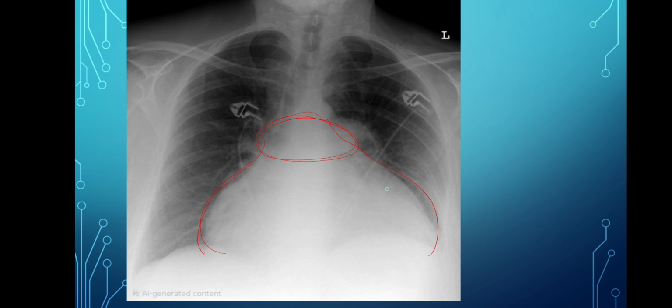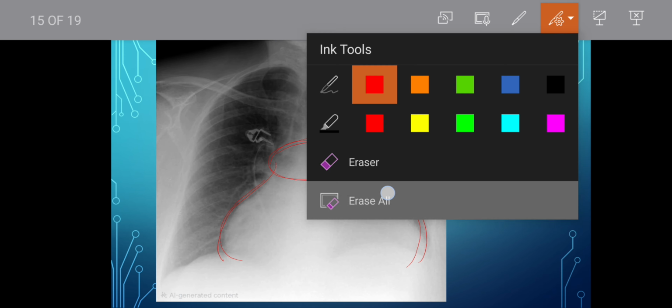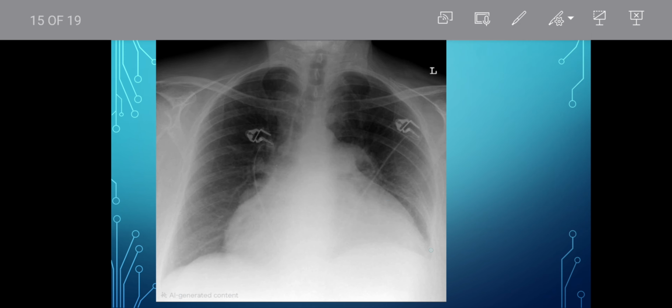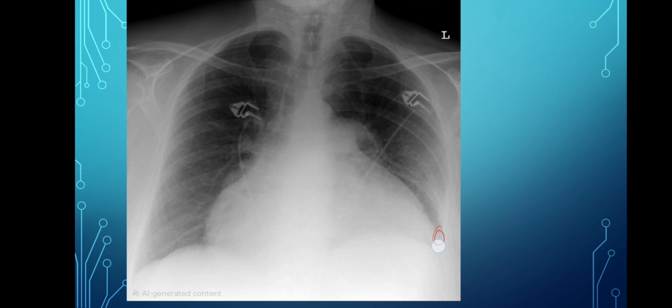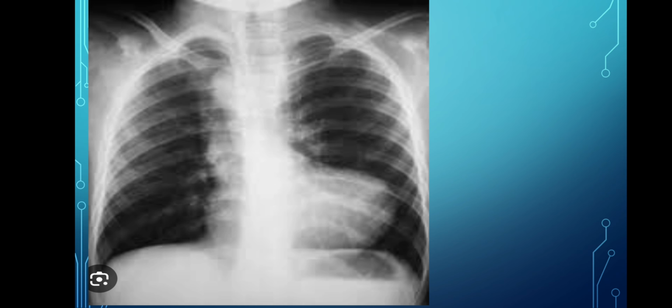So this is a clear-cut diagnosis of pericardial effusion, and the cardiophrenic angle is obliterated on the left side, but the cardiophrenic angle on the right side is there. So this is a clear-cut diagnosis of cardiac tamponade or pericardial effusion.